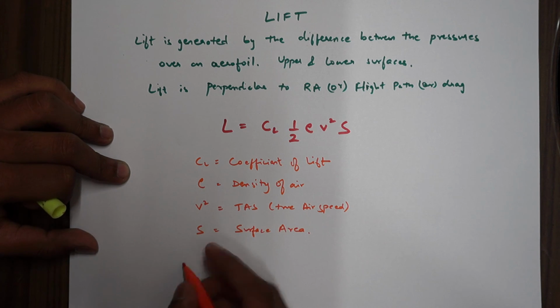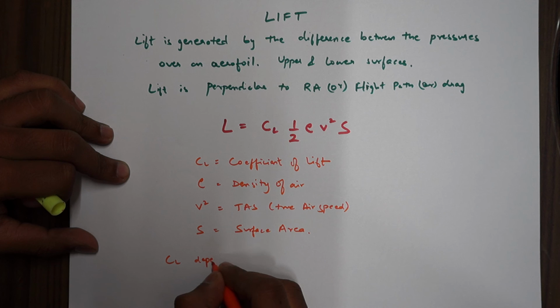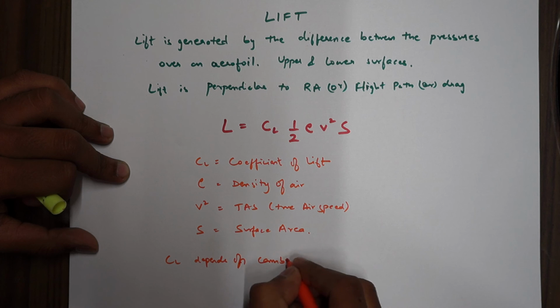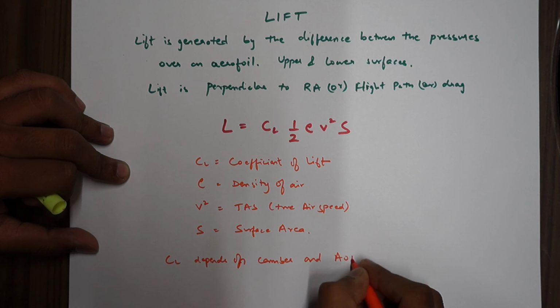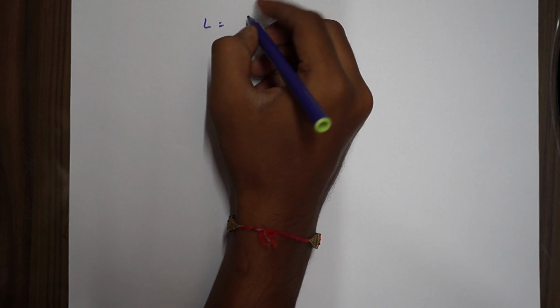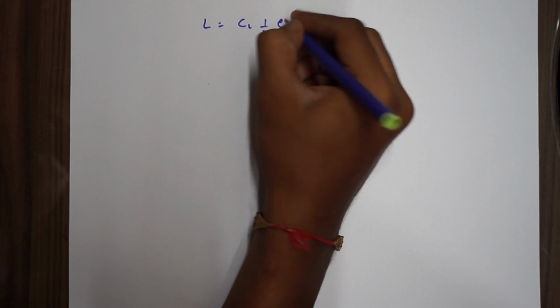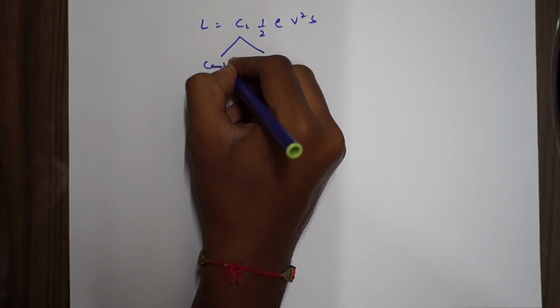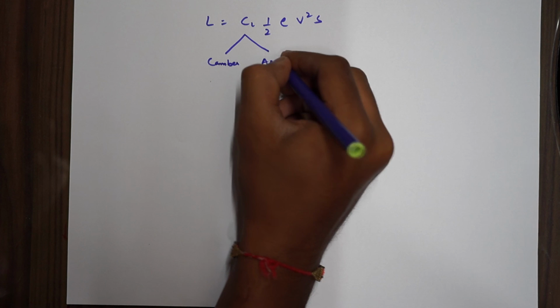We need to know that CL, that is coefficient of lift, depends on camber and angle of attack. Okay, so this dependency of CL on camber and angle of attack will lead us to this equation, L equal to CL half rho V square S, where this is dependent on camber and angle of attack.